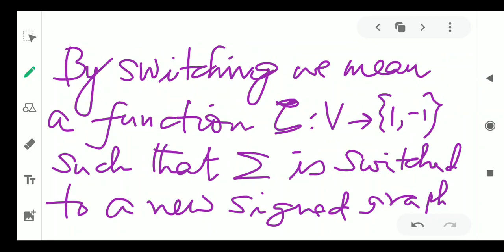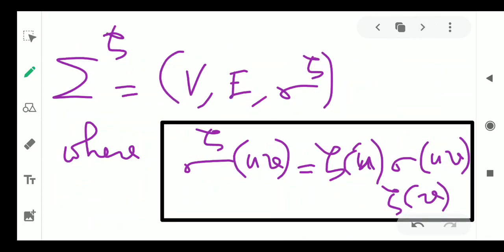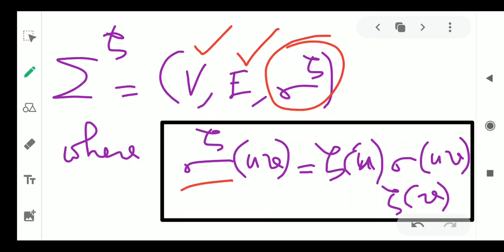whereas zeta is a function from the vertex set to {1, -1}, such that sigma is switched to a new sine graph, sigma zeta, with the same vertex set V, same edge set E, but a new signature function, sigma zeta, obtained with the help of this zeta, where sigma zeta and sigma are related by this relation.